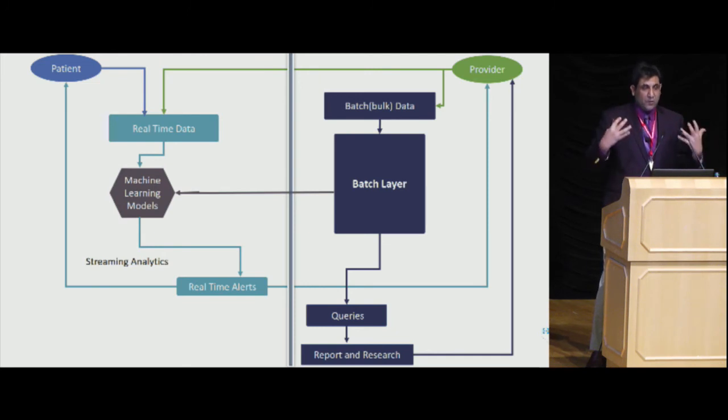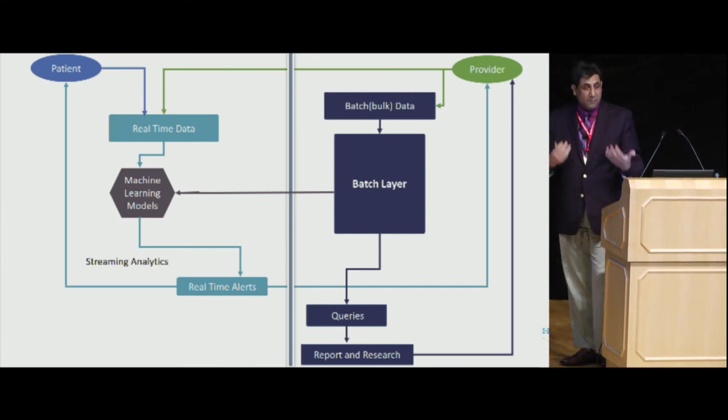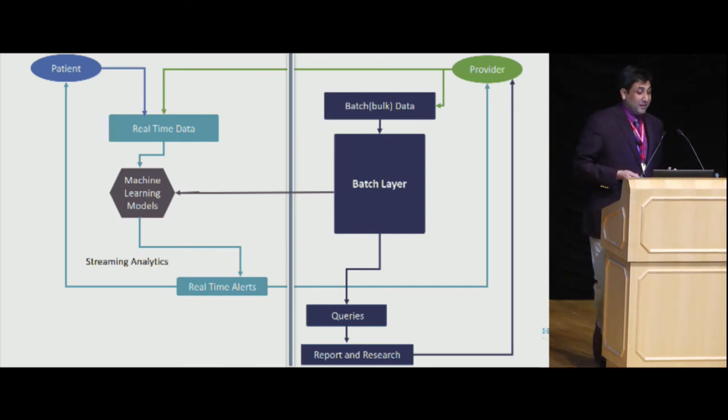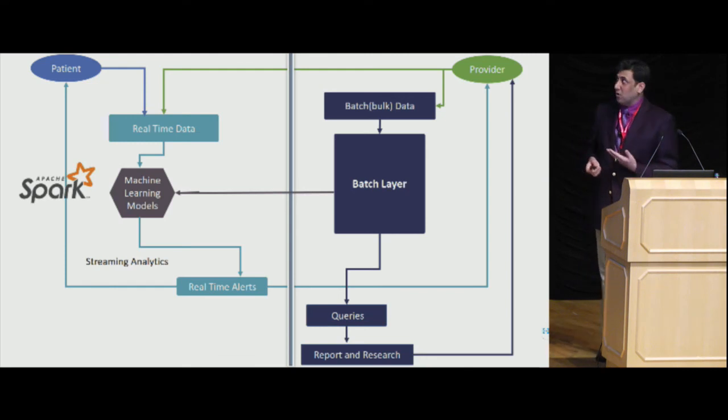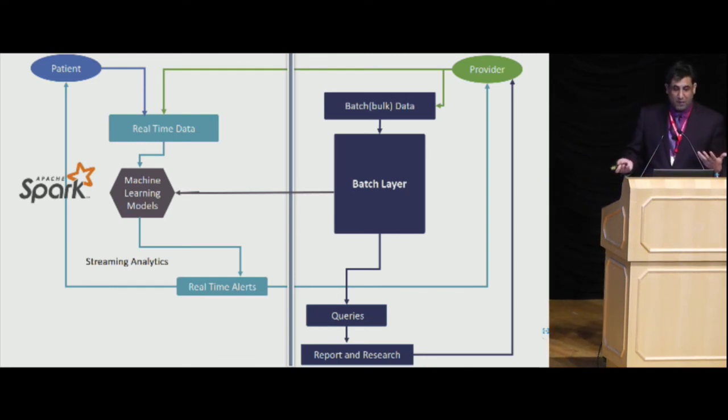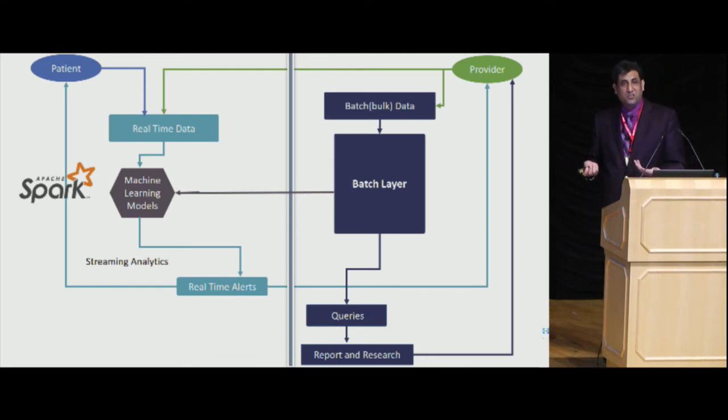A simple way to see this is detecting an outbreak. If you have connected patient apps, all the apps that we are seeing here, and those apps are feeding some part of data to a central system, and you have a big data solution collecting that data, it enables you to do real-time analytics. That's enabled by an open source project called Apache Spark.